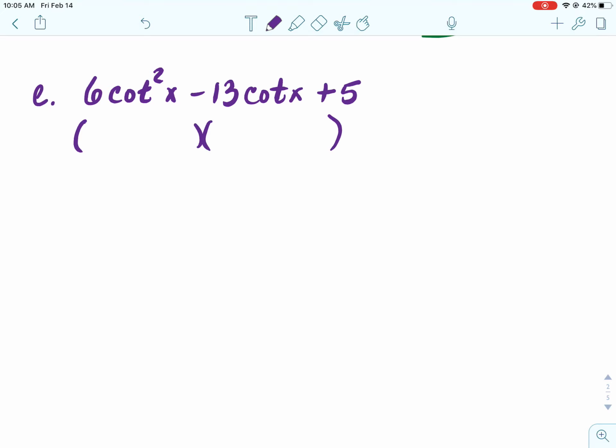All right, so this one, we're in good shape at the beginning because we already have only cotangents, and so it's ready for us to start factoring it. So there's a little less at the beginning of this one, but the factoring part is slightly more challenging because there's two ways we can get 6 cotangent squared of x, and it's to use 3 and 2 to get the 6, or use 6 and 1.